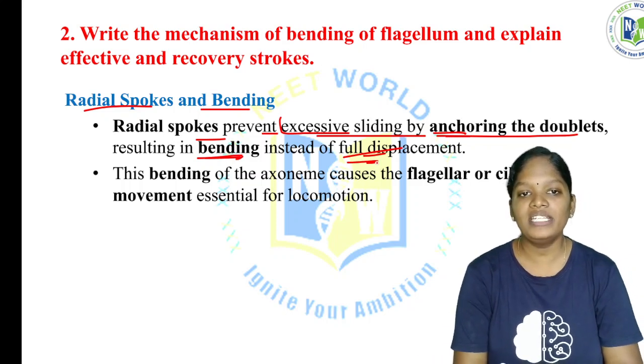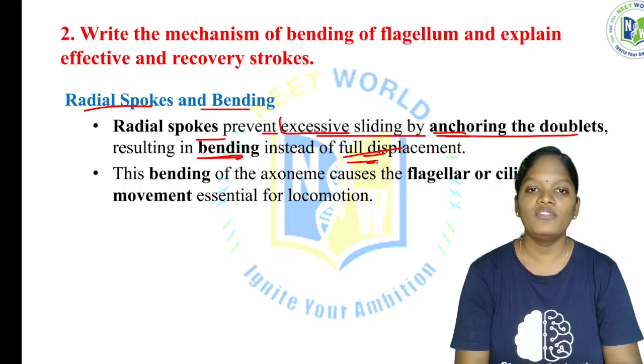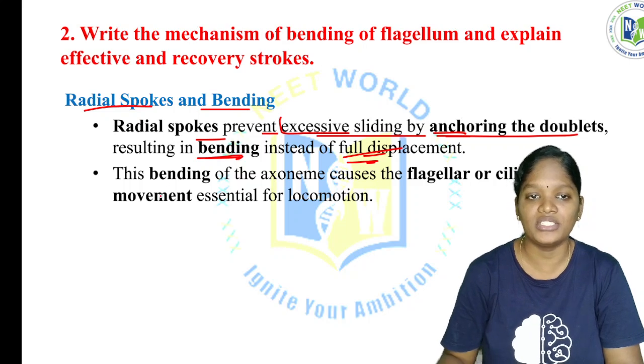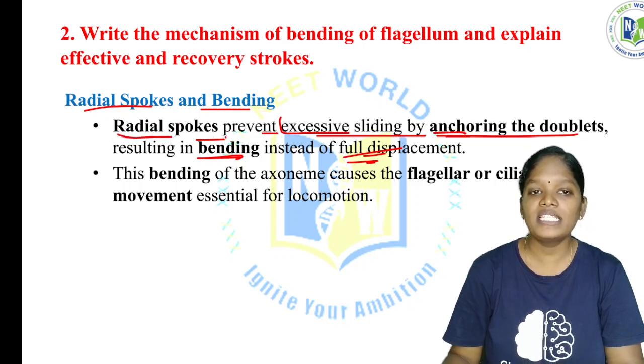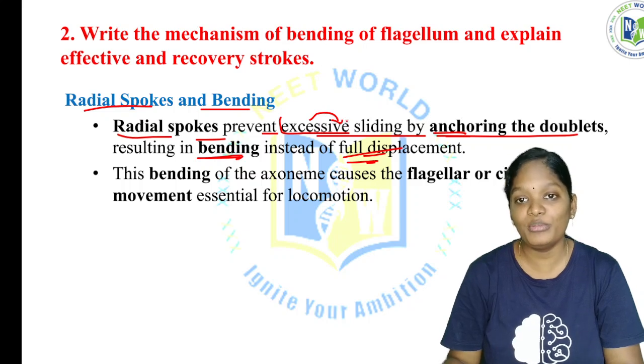Sometimes the microorganism doesn't need movement, but instead it just needs bending. So the radial spokes interfere in the microtubule interaction, which is why they prevent the excessive sliding done by the microtubule interaction.